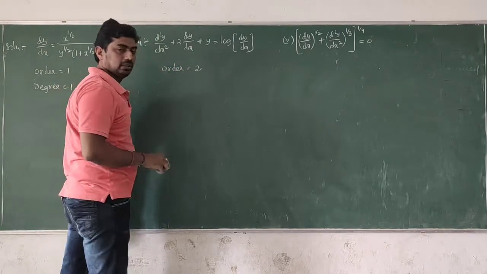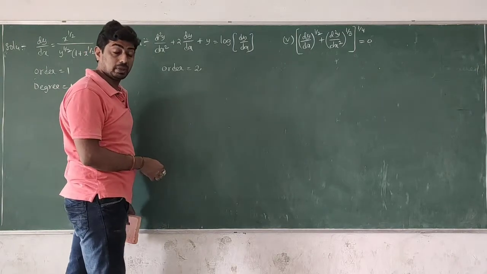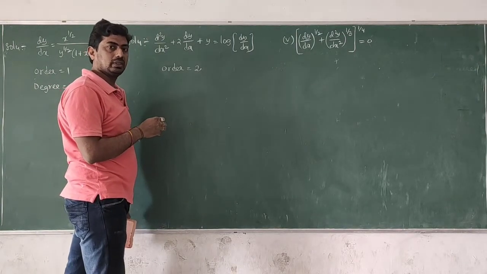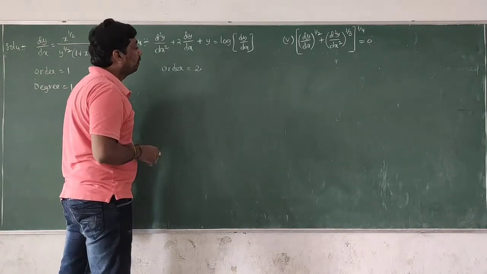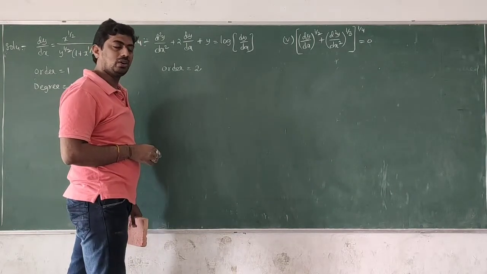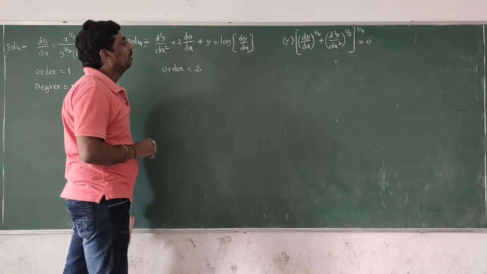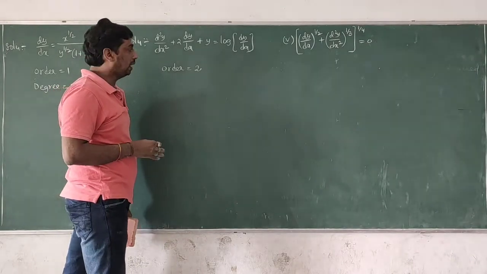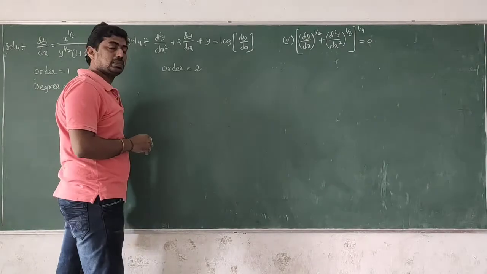2. Degree, the power of the maximum order derivative, is called the degree. So what's the degree? 1? No, that is wrong. 1 is not the degree of this differential equation. Why?